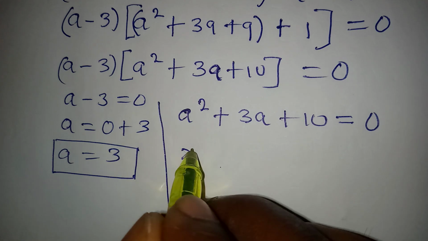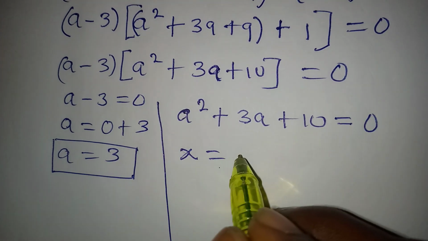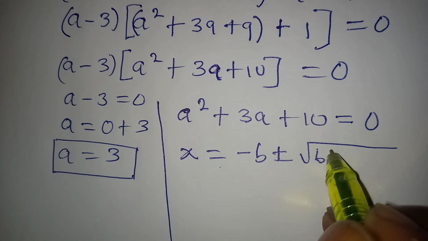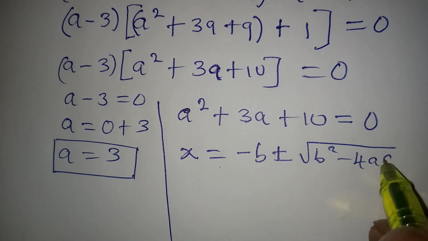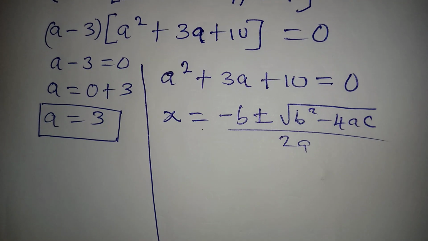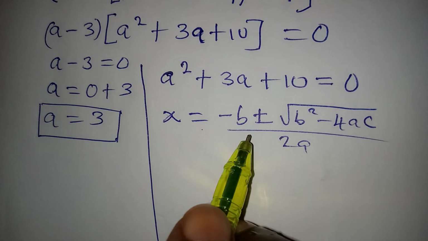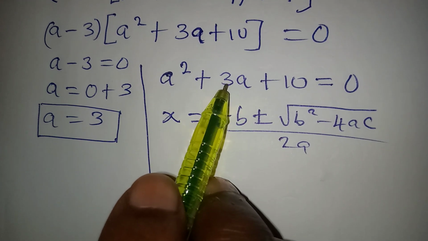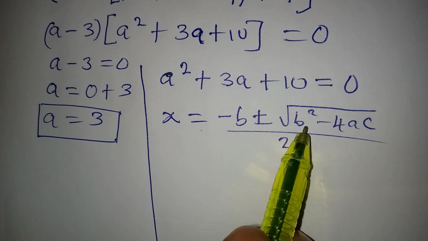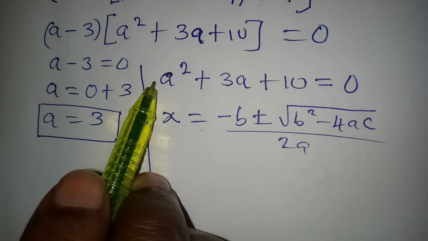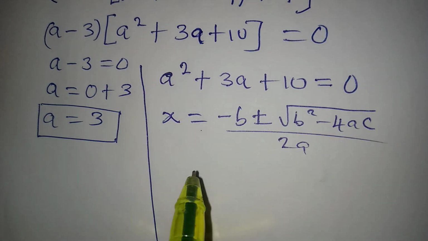So the formula is x equal to minus b plus or minus square root of b squared minus 4ac all over 2a. This is the formula. And for this formula, our b is a coefficient of a, which is 3. Our a is the coefficient of a squared here, so it's going to be 1. And then c is 10.